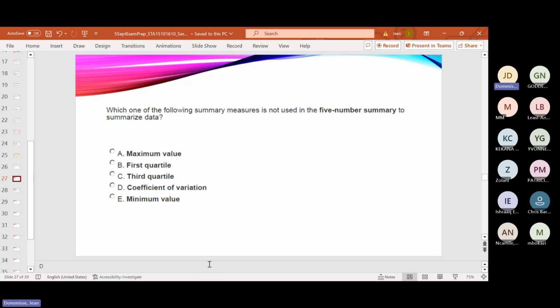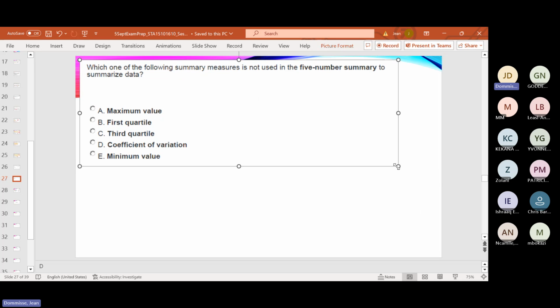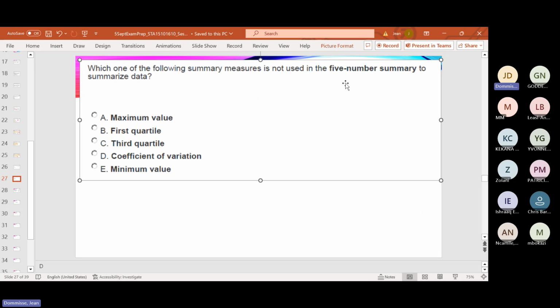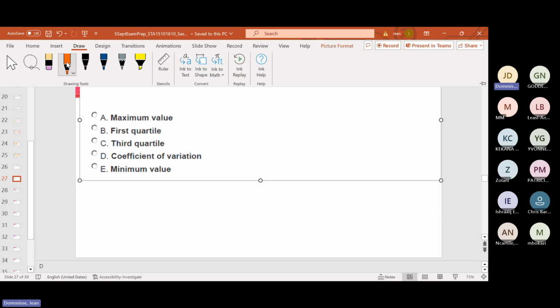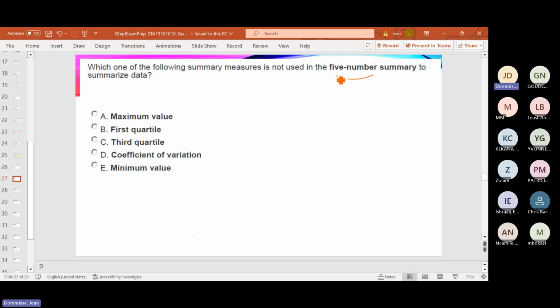Okay, then we have this question around your 5-number summary, which is also the same as your box and whisker. What else do they call it?